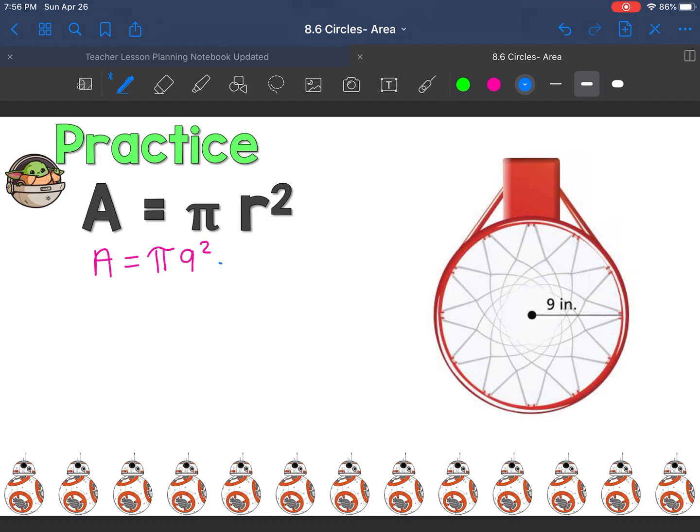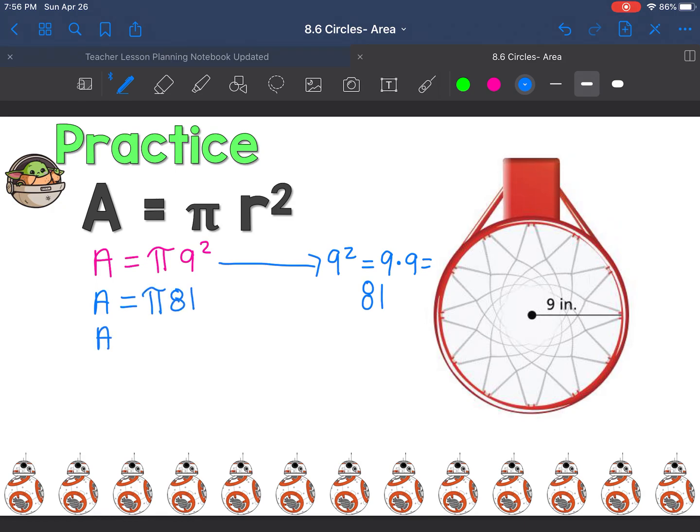So just like we did last time, let's come off to the side and figure out what 9 squared is. Remember, 9 squared, that square tells me to multiply 9 by itself 2 times. So that would be 9 times 9, which equals 81. So now I can substitute that back into my formula. So now I have area equals pi times 81.